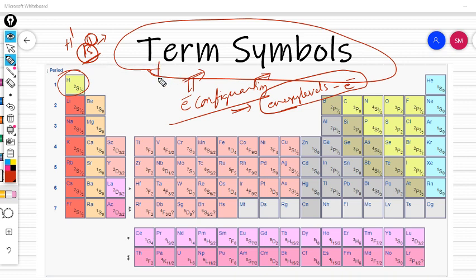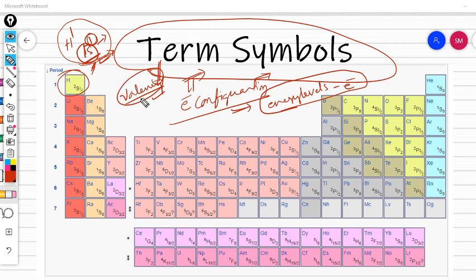A term symbol also explains the same information but about the valence electrons. That is the first difference. The second difference is that electronic configuration is about elements in pure form, or you can also explain it for molecules, even in different oxidation states.